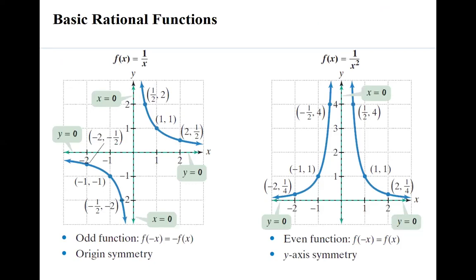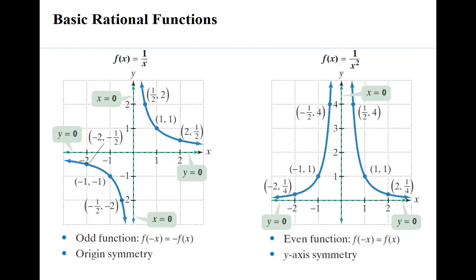We've talked about the parabola for quadratics, the cubic shape for cubics, the absolute value shape, the square root shape. Here are a couple more shapes. And once we know the shape, we can use our translations. We can move them up, down, left, right, just like any other shape that we know.